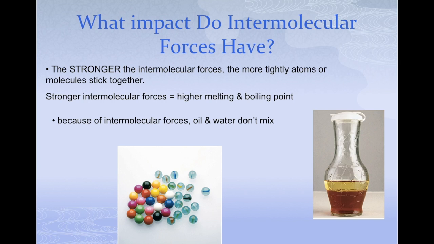So this is exactly what happens in the oil and water. The water molecules attract each other like magnets and essentially exclude the oil molecules, which aren't able to attract water molecules.